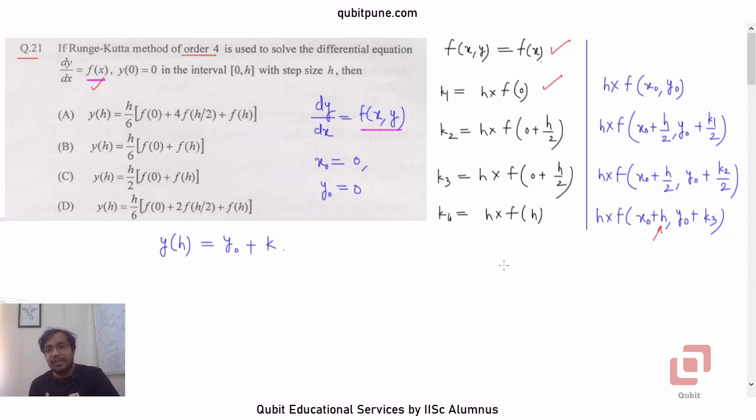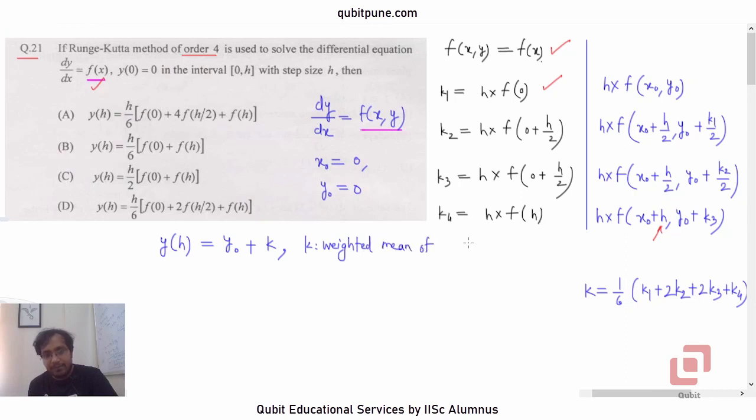Now the formula for k is 1 upon 6 into k1 plus 2k2 plus 2k3 plus k4. So this is the weighted mean. K is the weighted mean of k1, k2, k3 and k4. Correct.